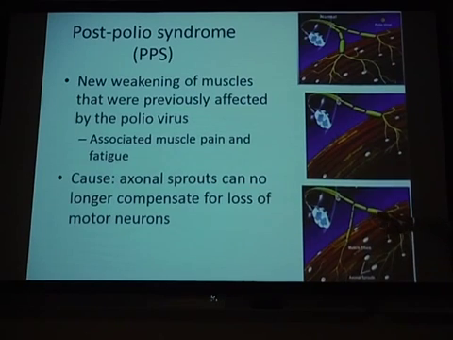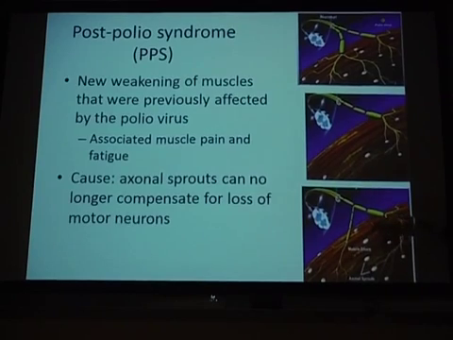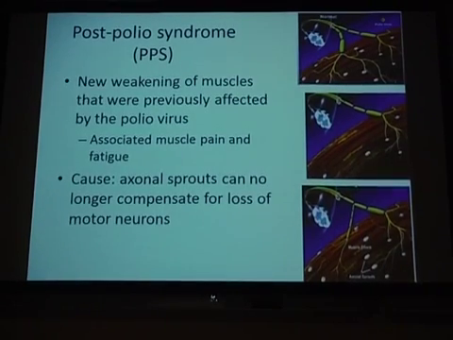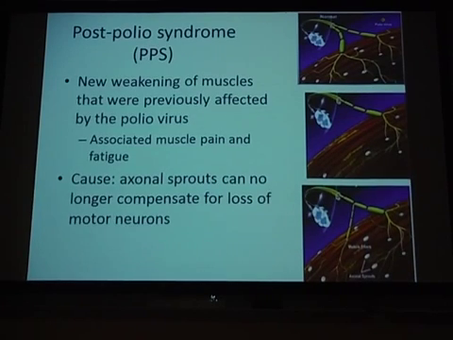The axon, or the original alpha motor neuron, doesn't necessarily die, but these sprouts degenerate, leaving you with muscle weakness in muscles that were previously affected, and sometimes even new muscles. But generally, it's re-weakening of the muscles that were originally affected by the polio virus. And you can get associated muscle pain and fatigue with that muscle weakness.